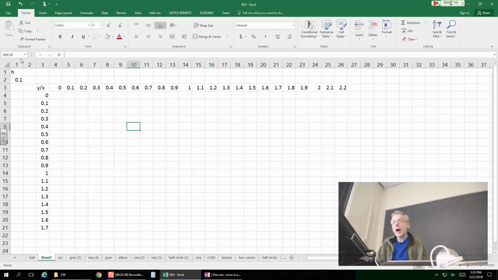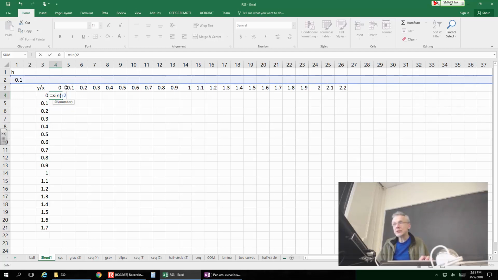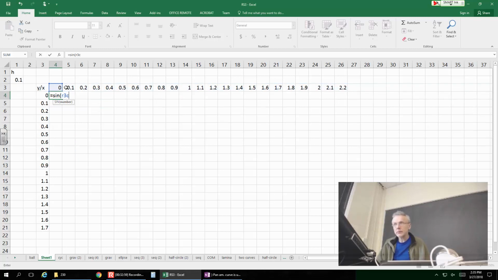First of all I need a formula. Let's make it up. How about sine of x? So I'll put here R3C, referring to the entry of x, plus, how about y squared?